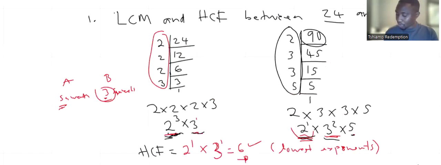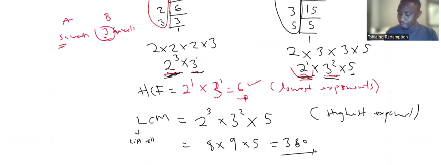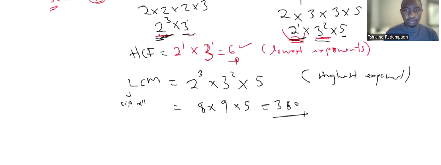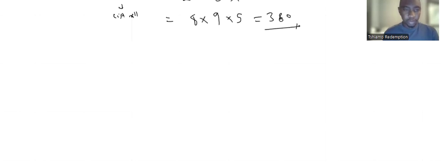Okay, I want to do one more, one more for each. Okay, so find the highest common factor between 24, 36, and 90 or 60, sorry, and 60.